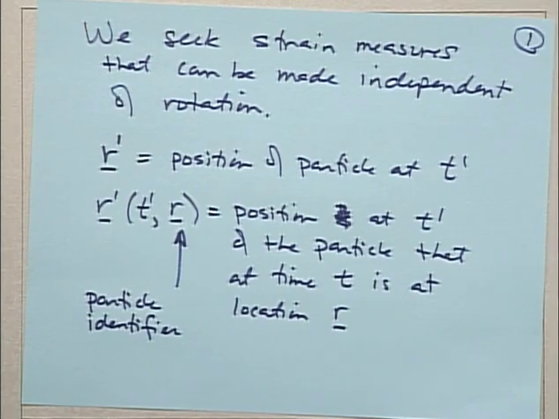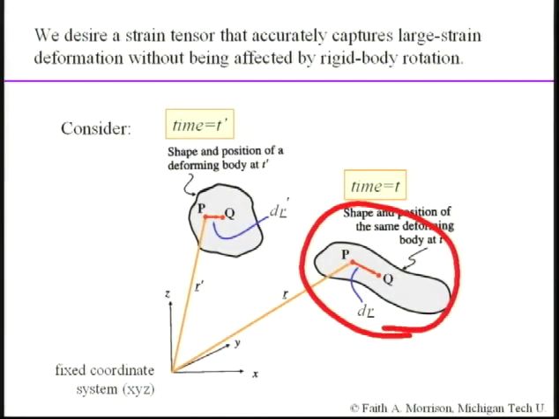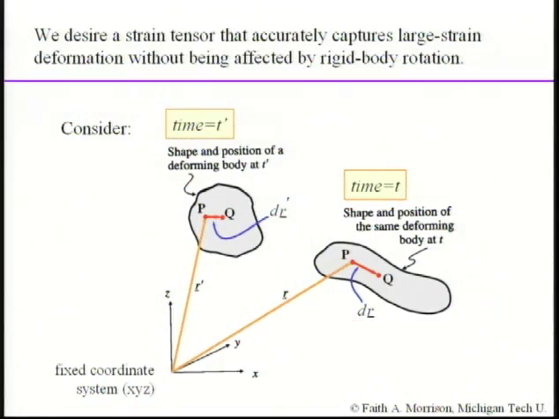So we can think of this time t as sort of a reference configuration, a reference shape. And we always need that for strain. You always have to say, what's your starting shape? What's your stopping shape? So this is going to be our reference shape at time t.